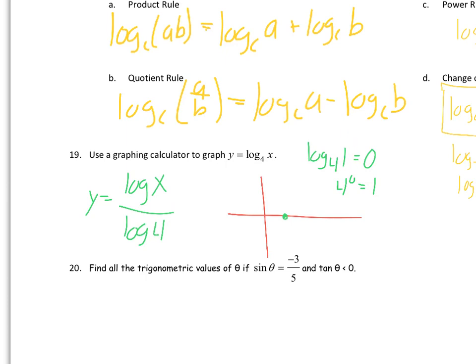And then you can also always plug in your base for x. So if I plug in 4 for x, I'll get 1 because 4 to the first equals 4. So those are two easy points you can get. So we have the point (4, 1). And so a log looks like that.